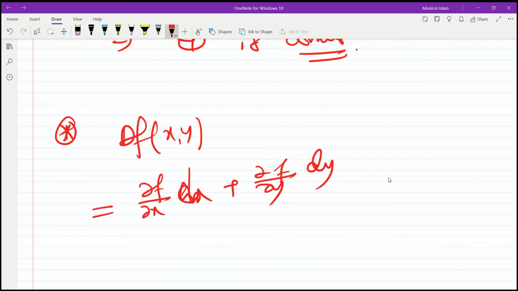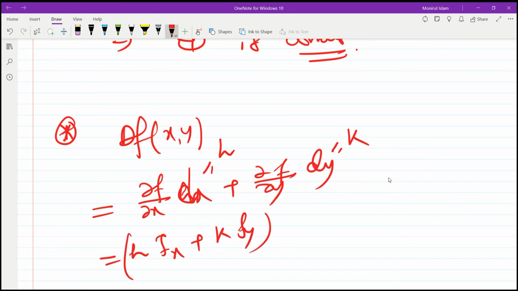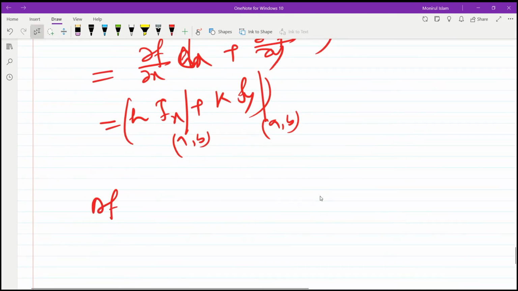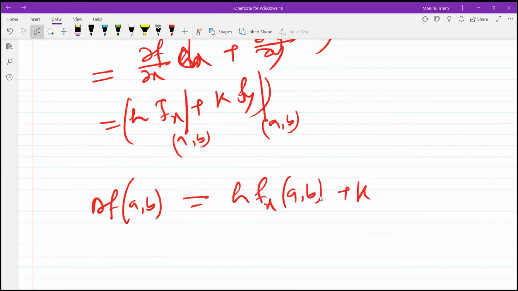And here we put h equal to dx and k equal to dy, so this becomes h fx plus k fy. If you evaluate this at (a, b), fx and fy will be at (a, b), so df at (a, b) will be h fx at (a, b) plus k fy at (a, b).